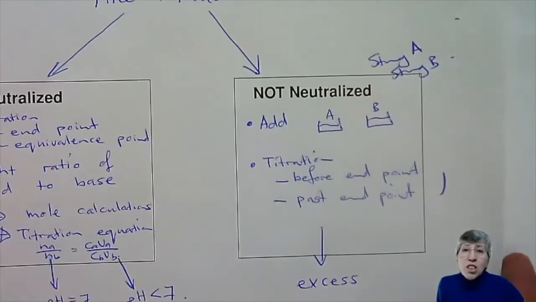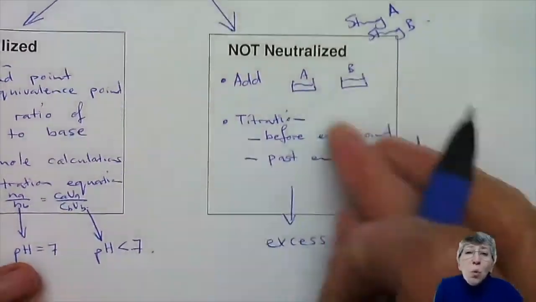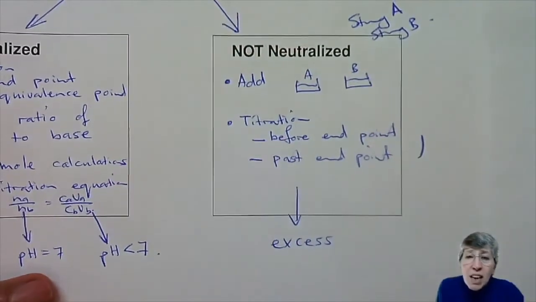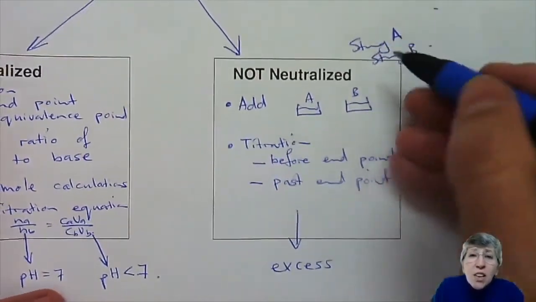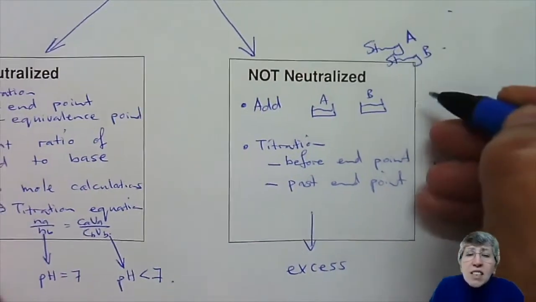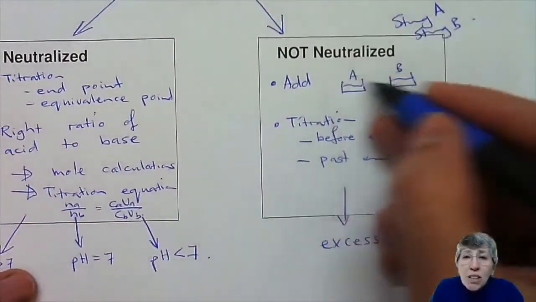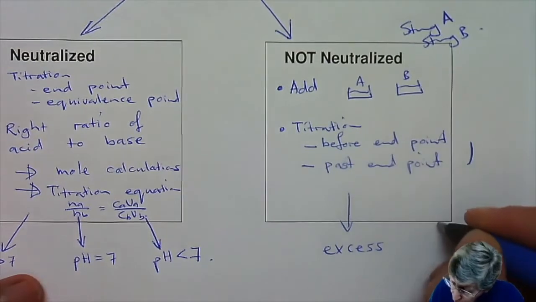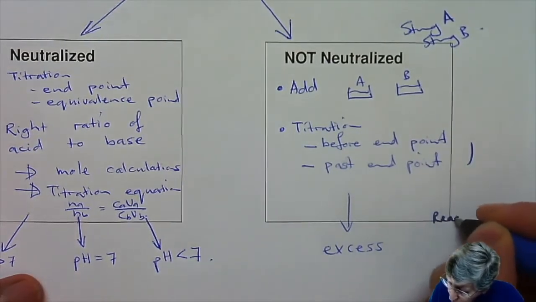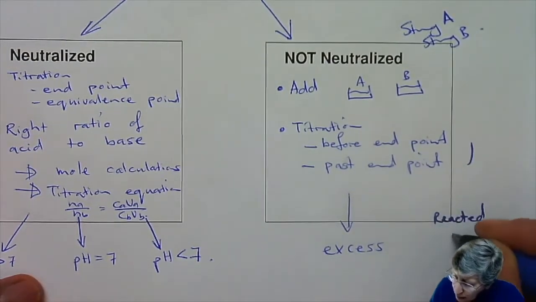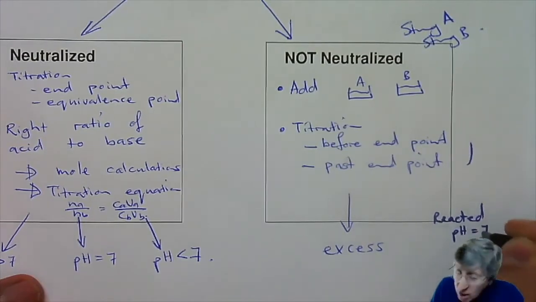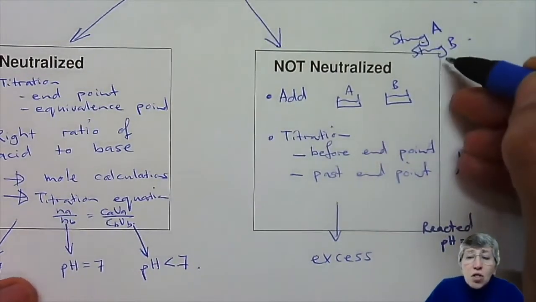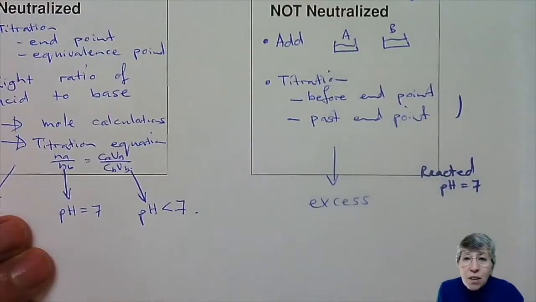So when you get to this one, they're not going to ask you for weak ones and have you working with the Ka value. They're only going to give you strong acids and strong bases when they add them together, which means that every single molecule that reacted produced pH 7, because strong and strong gives pH 7, right?